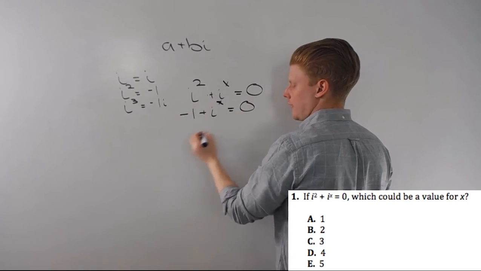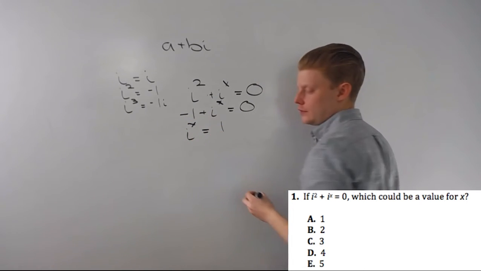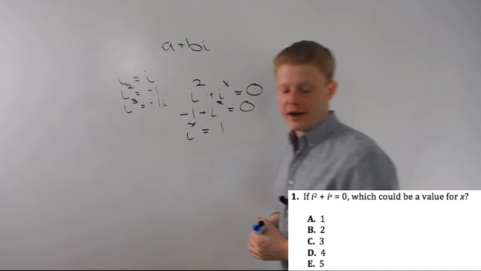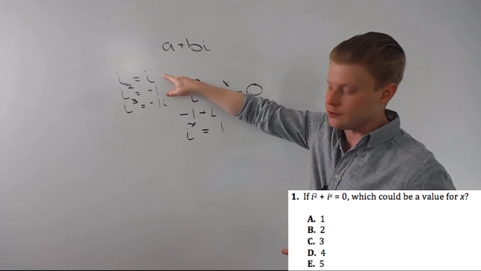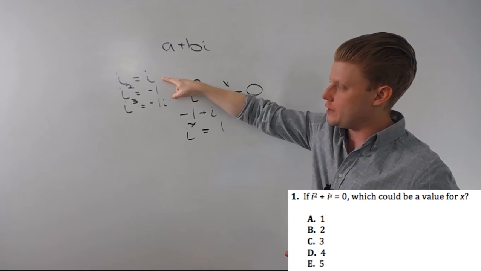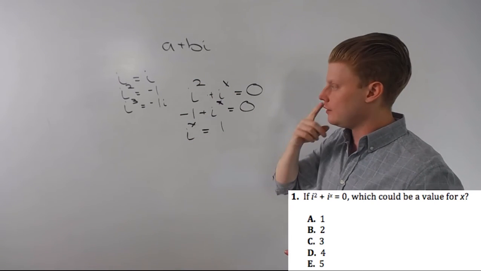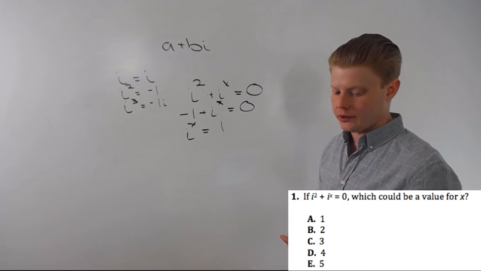So let's go ahead and move our -1. So we have I to the x is equal to 1. You can test answers here and figure out it can't be any of the odd ones. A is I, so that's not going to work. B would be -1. -1's not equal to 1. C would be -I. That's definitely not equal to 1.